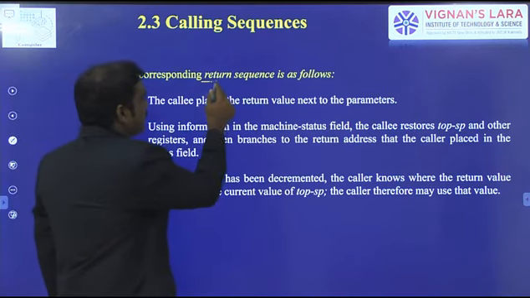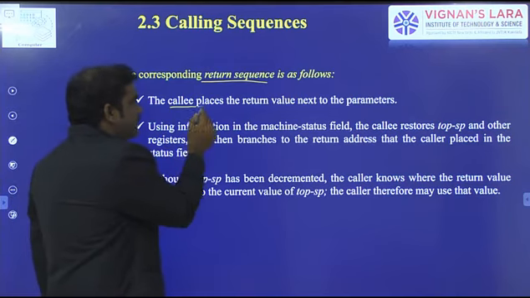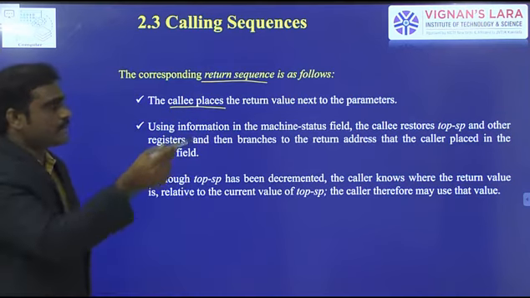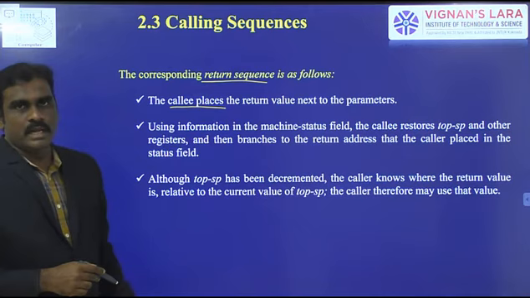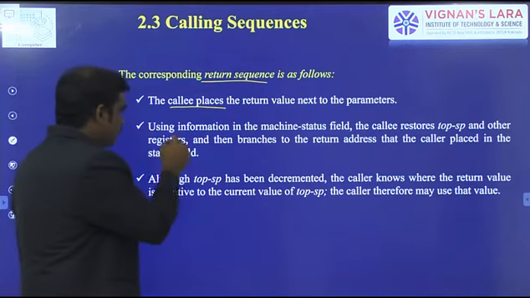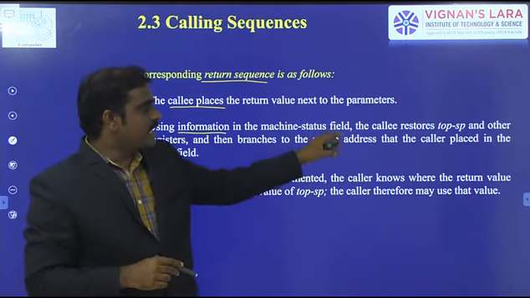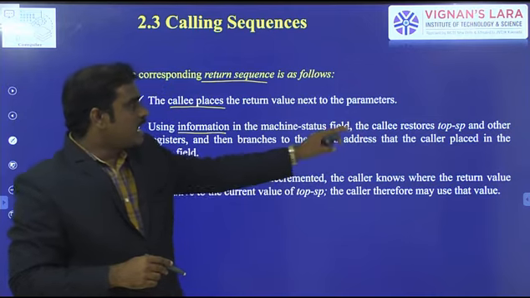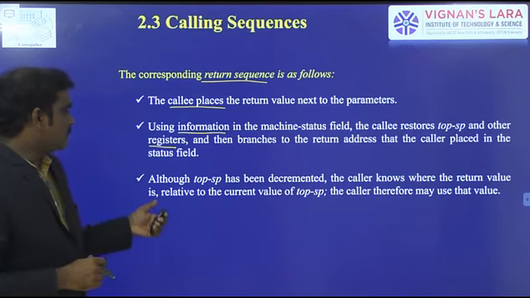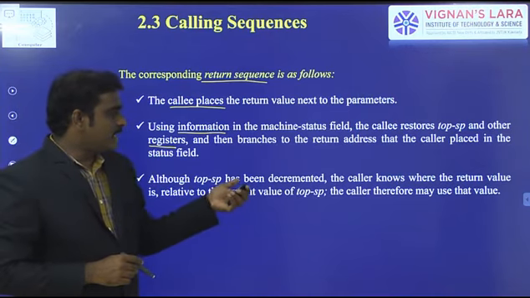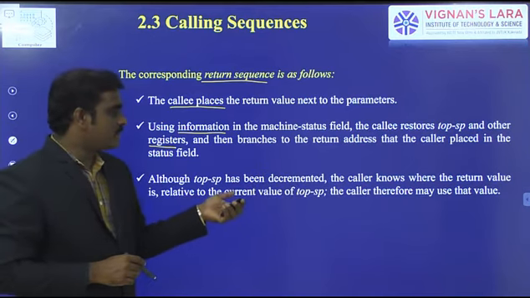Whereas the return sequence is: the callee places the return value next to the parameters. Using the information in the machine status field, the callee restores top and other registers. Though the top of stack has been decremented, the caller knows where the return value is relative to the current value of top.